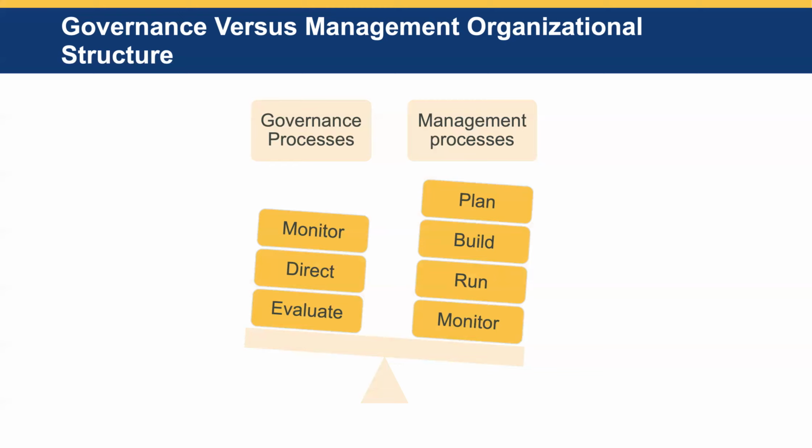So appropriate processes that are in place when it comes to governance versus management ensures that governance is in place to monitor, direct, and evaluate, and in which we're able to set the strategic direction for the organization. And then management processes are in place to plan, build, run, and monitor.